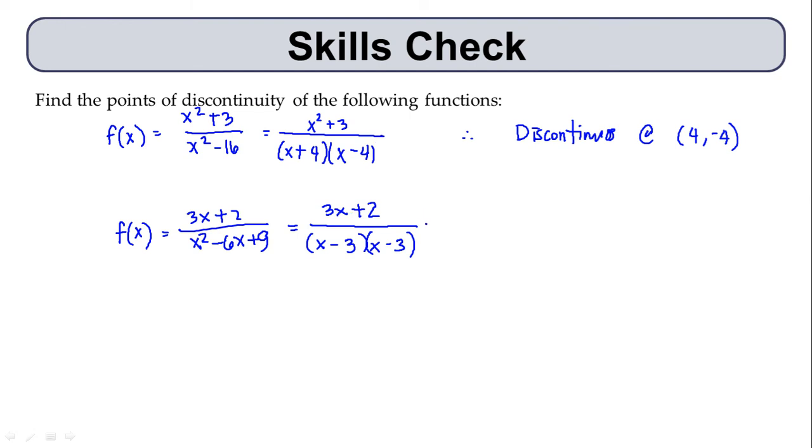Therefore, equal na rin yan sa 3x plus 2 over quantity x minus 3 quantity squared. Therefore, this function is discontinuous at points or domain set of positive 3. Okay? So, kuha pa tayo ng example siguro.